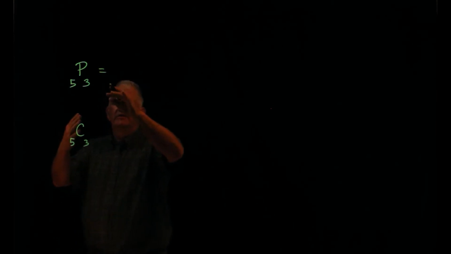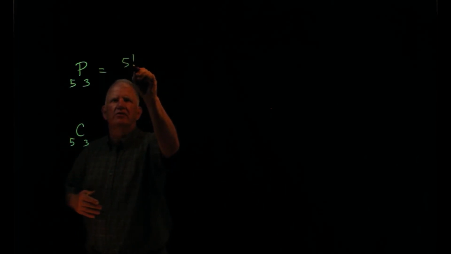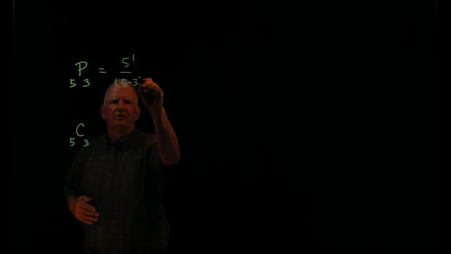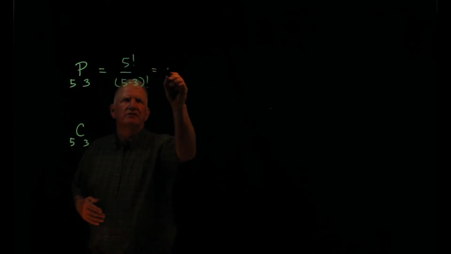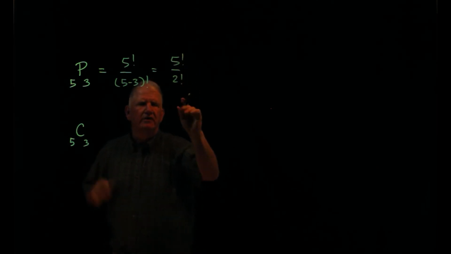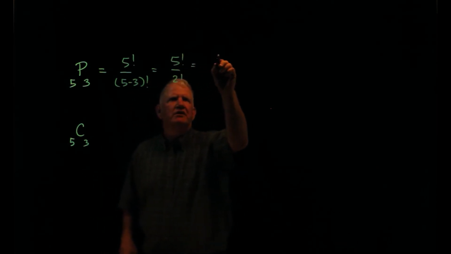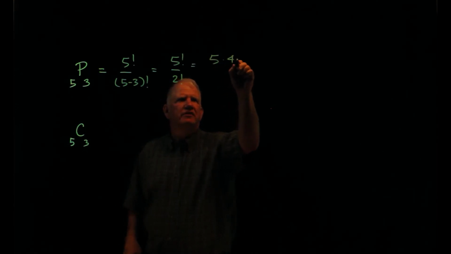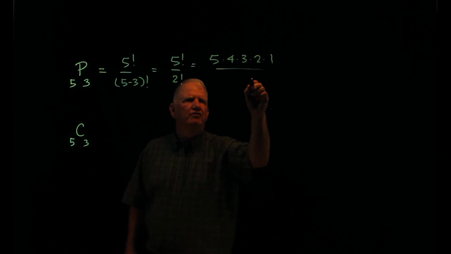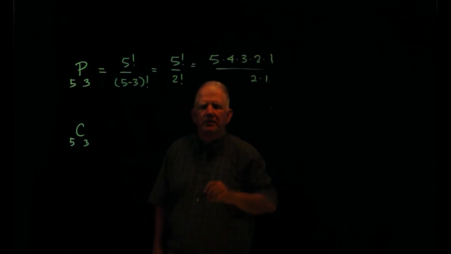First of all, by definition, this is 5 factorial divided by what is called the difference factorial, 5 minus 3. So that's 5 factorial all over 2 factorial. And now the way that you just write these out is 5 factorial is 5 times 4 times 3 times 2 times 1, and 2 factorial is 2 times 1.